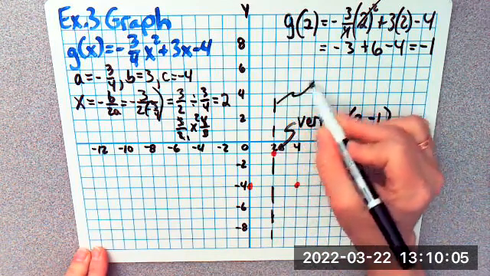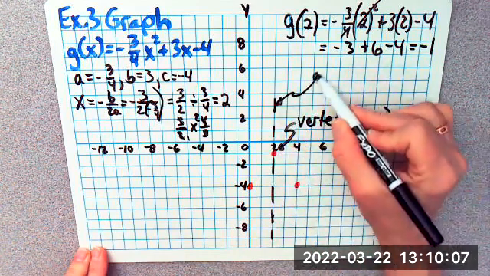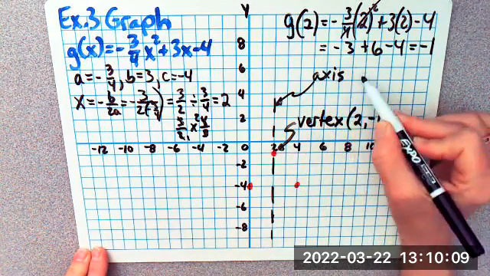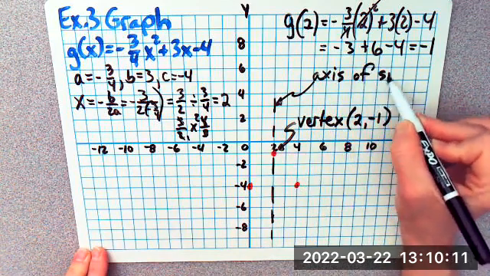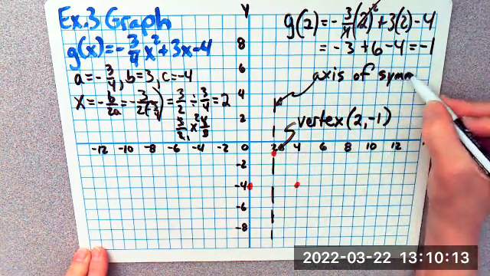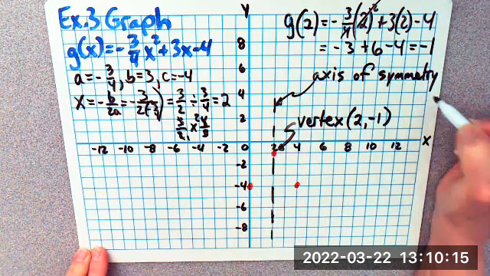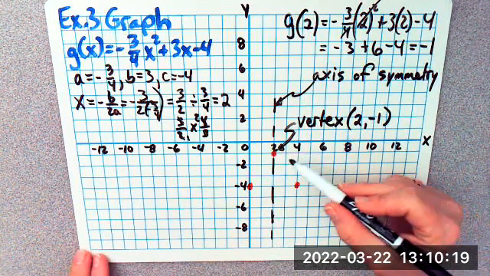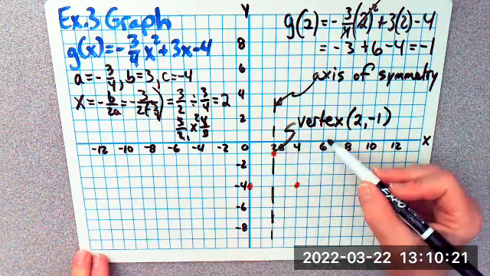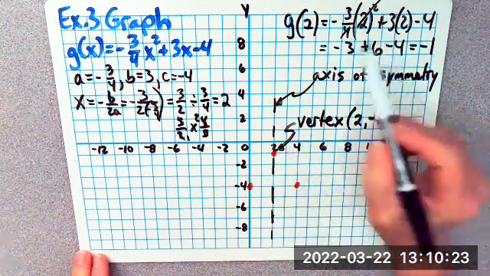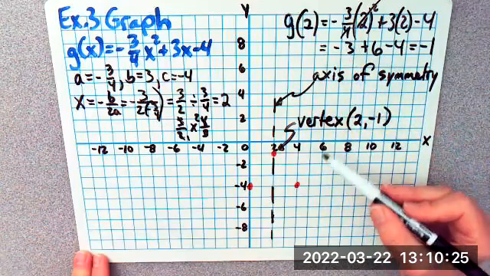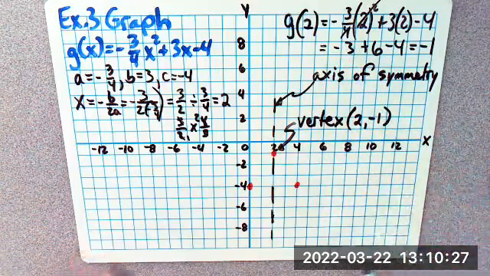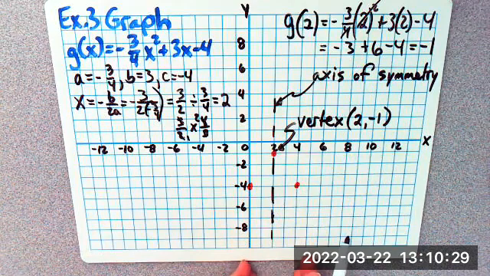And our axis of symmetry is right here. Then we need one more point probably. It looks like we want to keep it even because we have an even right here. So let's try 6, and it might not fit on here.